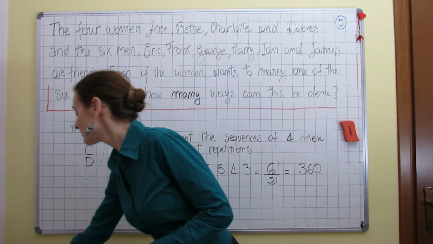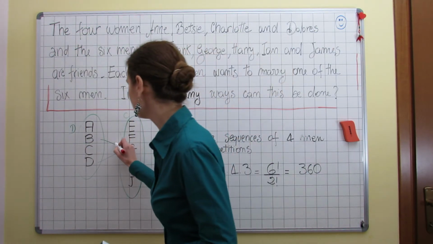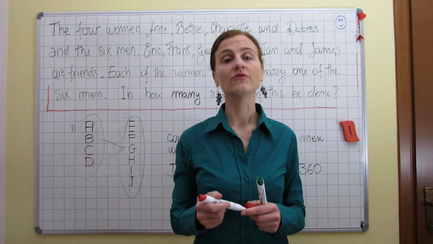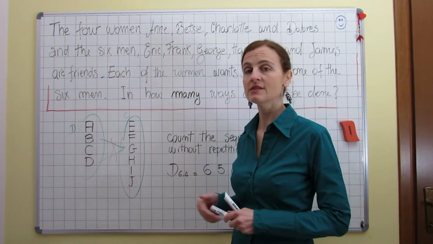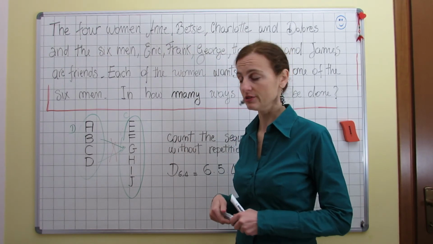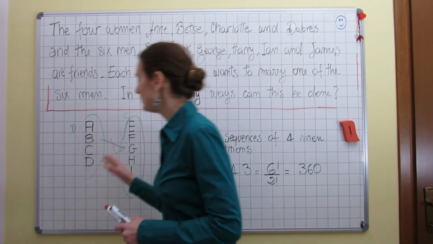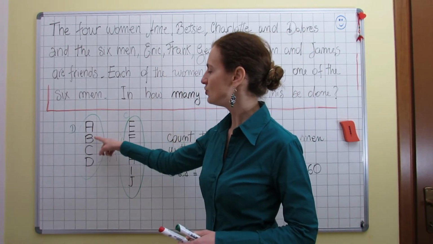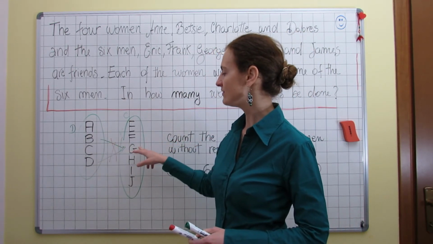This does not happen in an injective function. If this happens, this is not an injective function. That means basically that two women will not marry the same man.